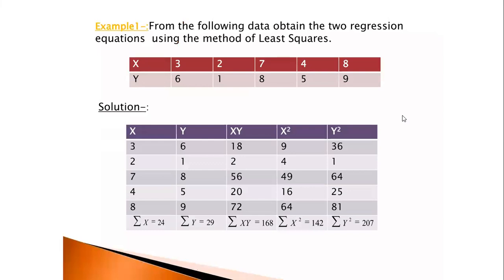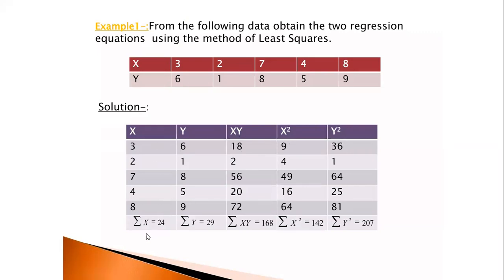Now let us take an example and I will explain how to find out two regression equations, that is y on x and x on y, using the method of least square. There are values given here for two variables x and y. x is going to have values 3, 2, 7, 4, 8. y is going to have values 6, 1, 8, 5, 9. Based on x and y, we have to find out xy, x square and y square values.